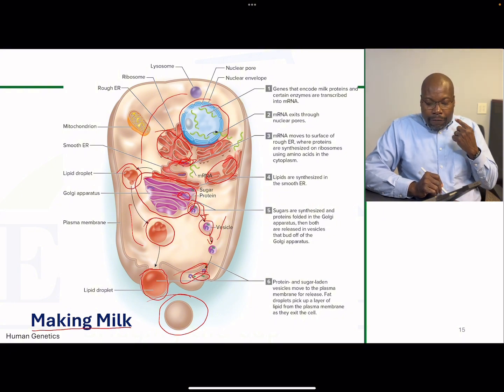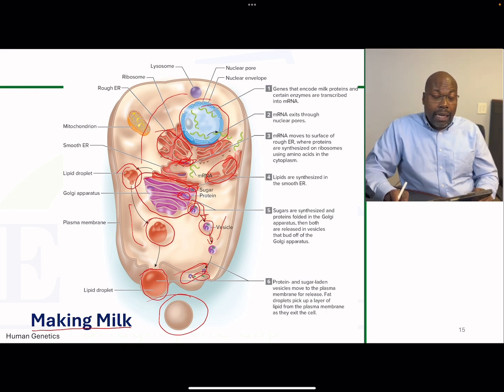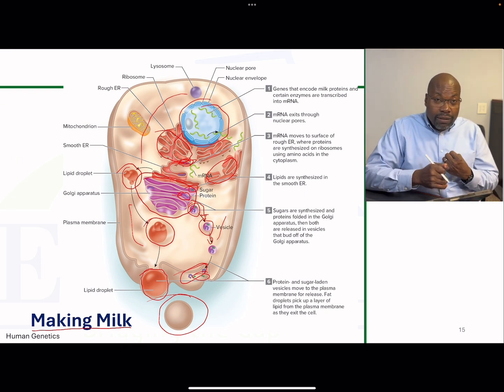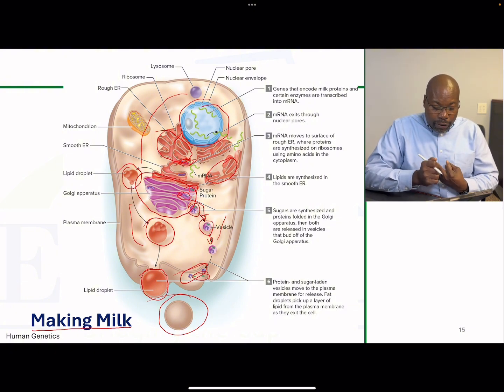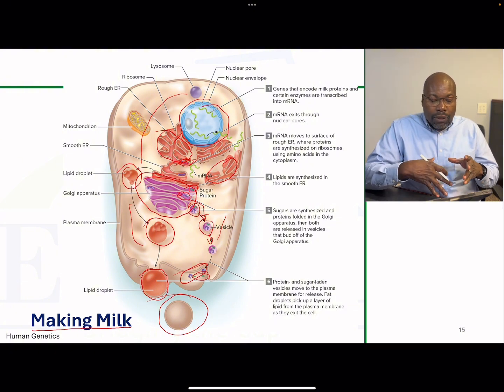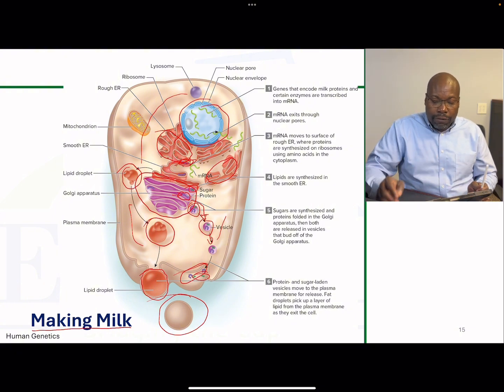So I forgot to mention the production of carbohydrates here. So milk is basically proteins, lipids, and sugars or carbohydrates. So this is how the network of flattened sacs is working together for the production of milk.